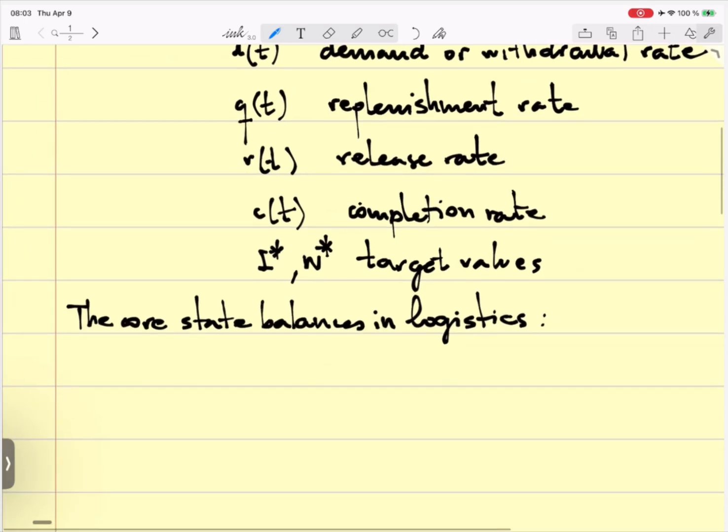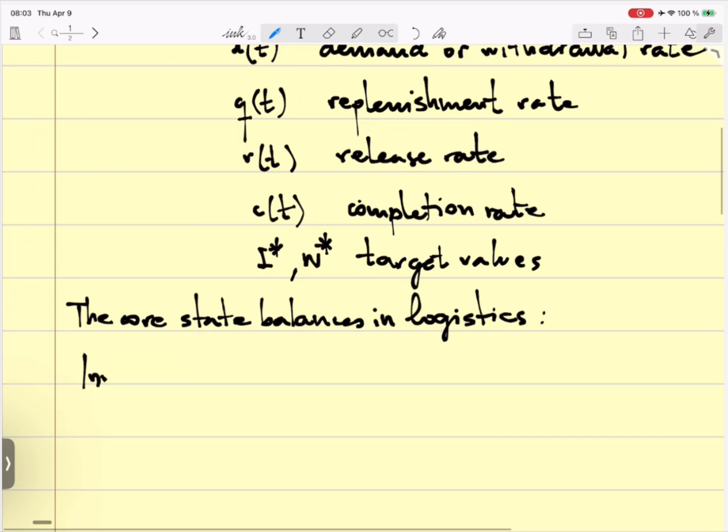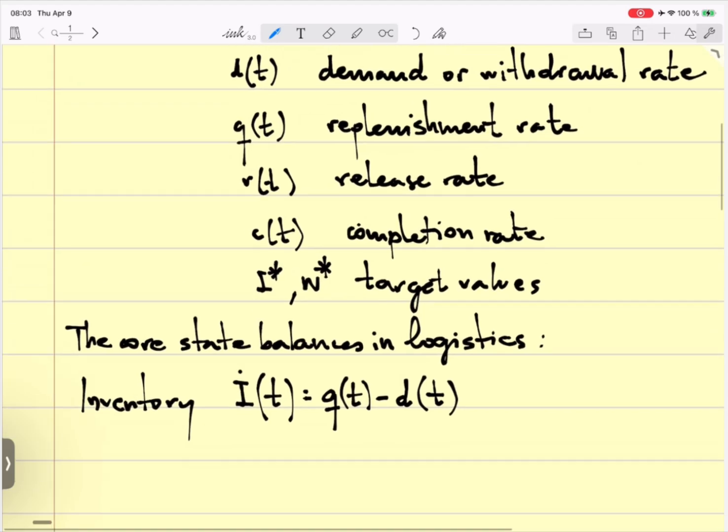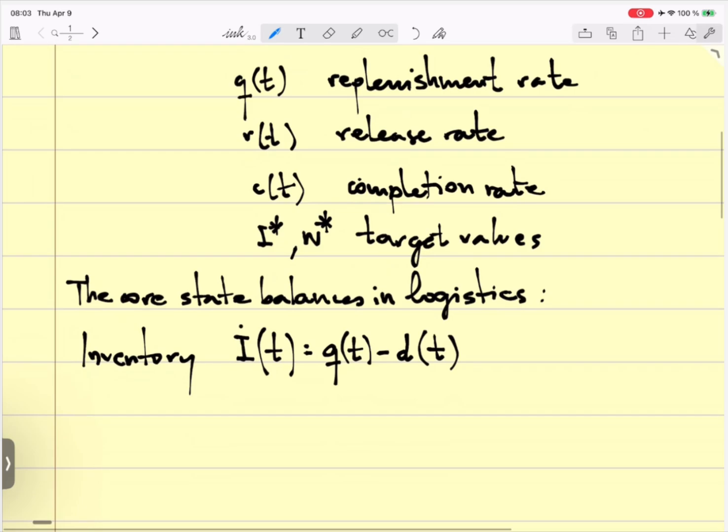The first one is the inventory. The rate at which inventory changes, the speed at which inventory changes, is Q minus D. Q is the replenishment, and this is very logical.